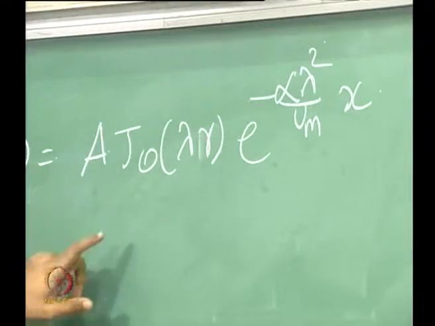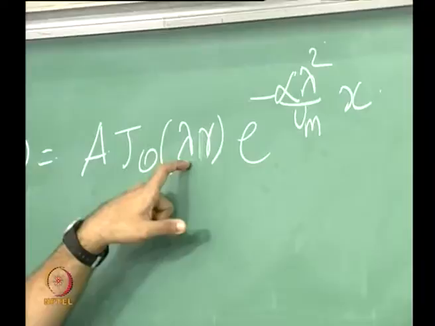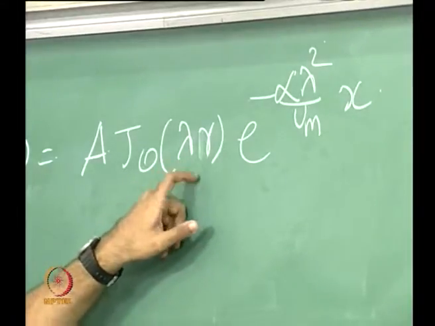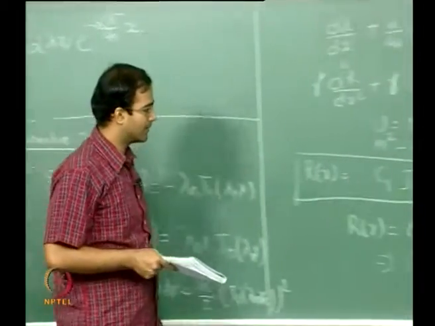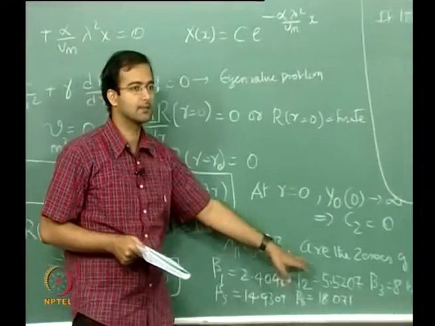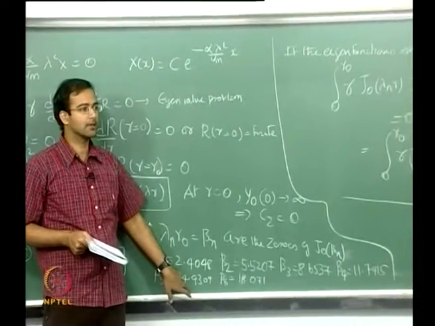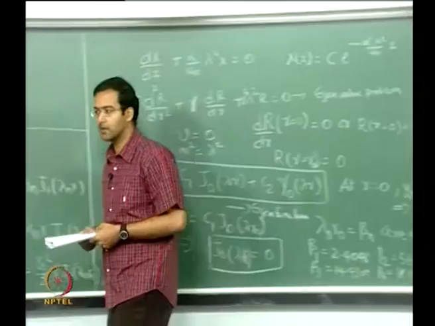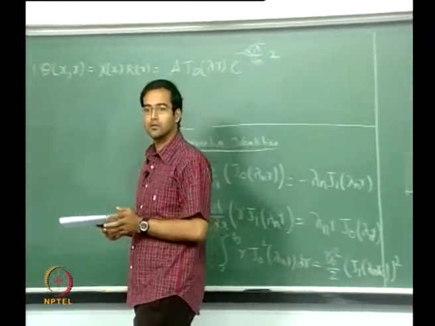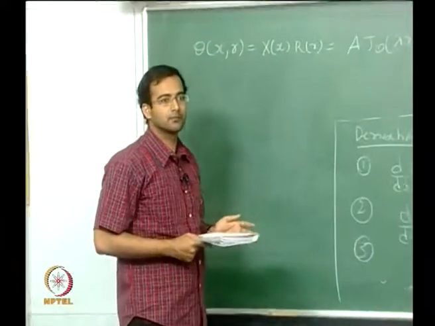Now you see that when you found the eigenvalues, you had multiple eigenvalues. First I had written down the first 6 eigenvalues, but there are multiple eigenvalues and they are all solutions. So how do you include them?